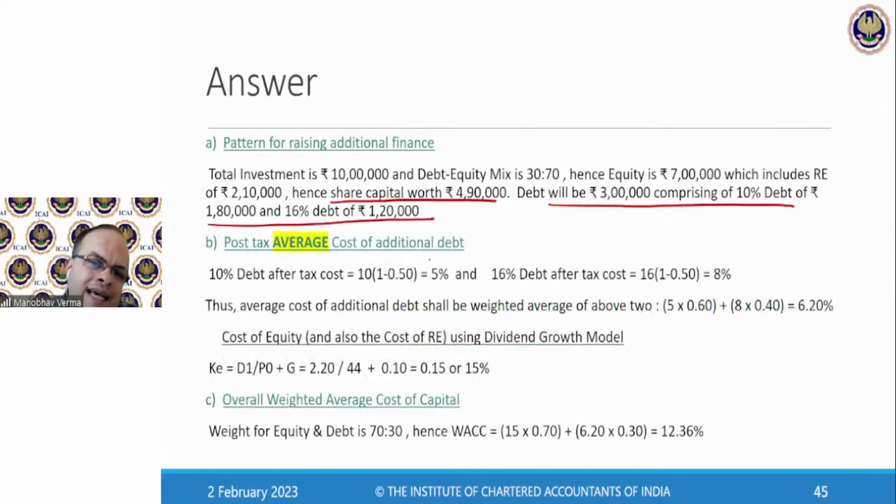So in this case, as we said, 10% after tax is 5%, 16% after tax is 8%. And what's the ratio we are looking at? 18:12, which is nothing but 3:2. So 3/5 into 5 plus 2/5 into 8.